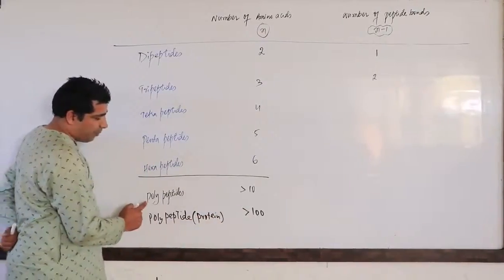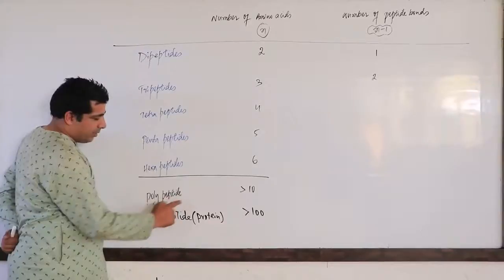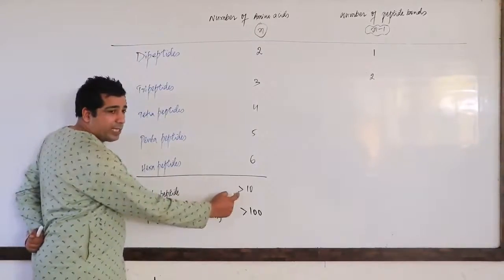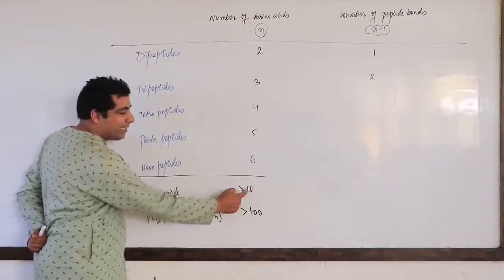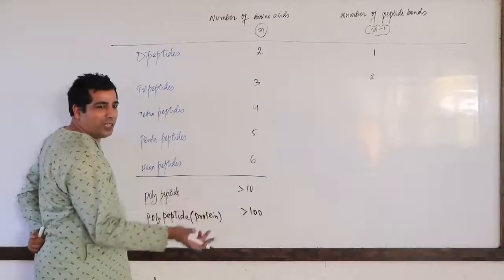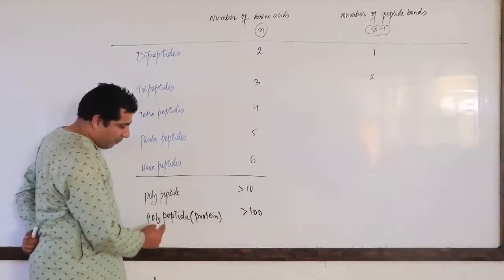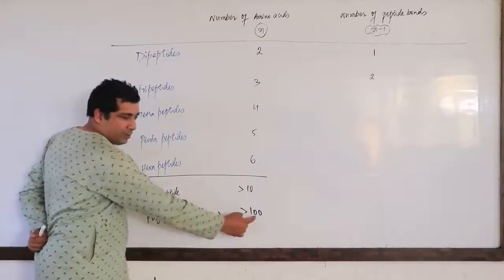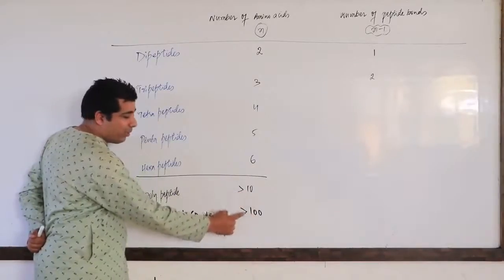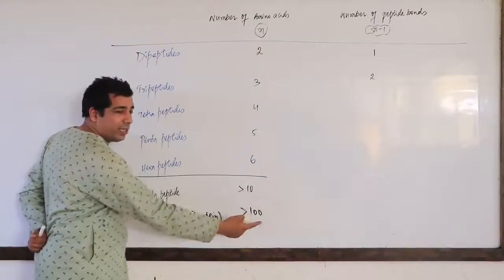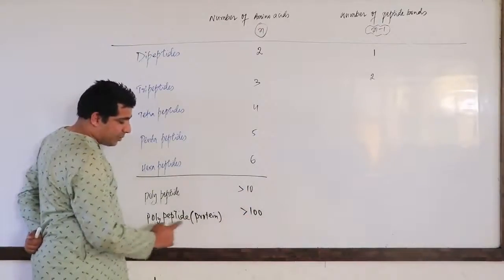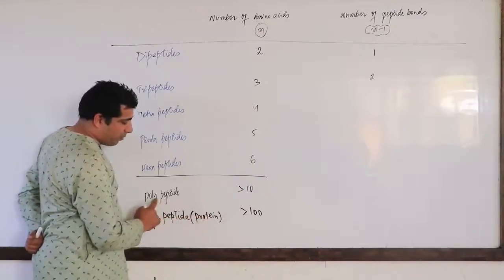But a polypeptide is not necessarily a protein, because here we are saying more than 10. More than 10 basically means it can be anything. It can be 11 also, 12 also, 13 also. But when we say polypeptide more than 100, here also it can be 1000 also, but it is not a specific value. Here we are talking about more than 100 only. If more than 100 are there, obviously at that time I can use the term protein. So a polypeptide will become a protein.